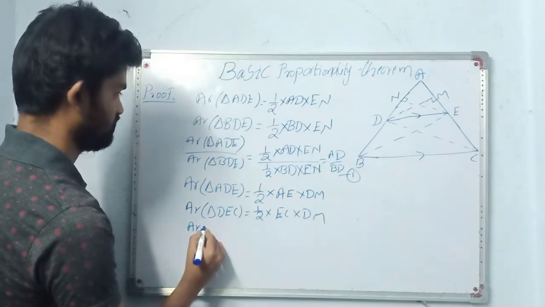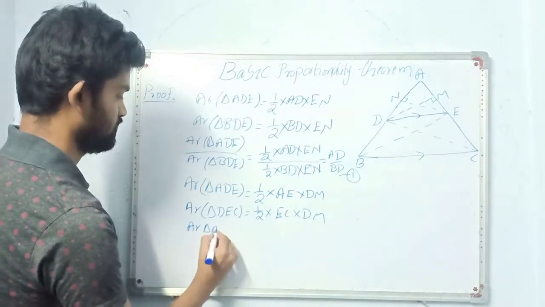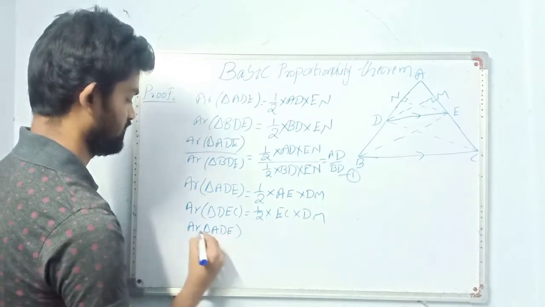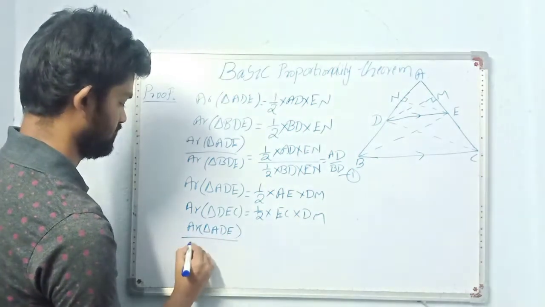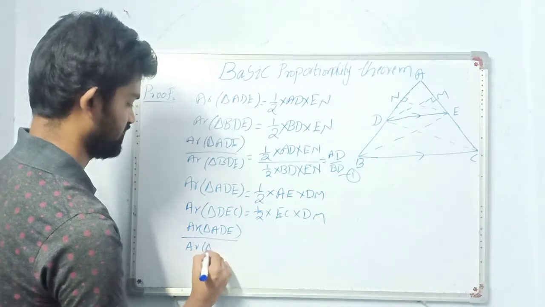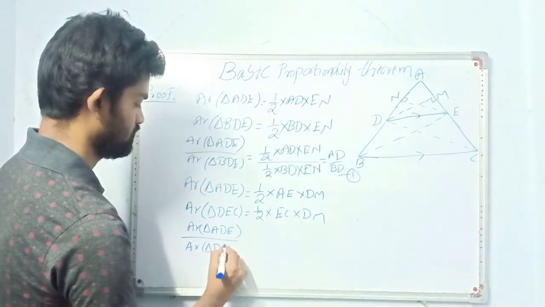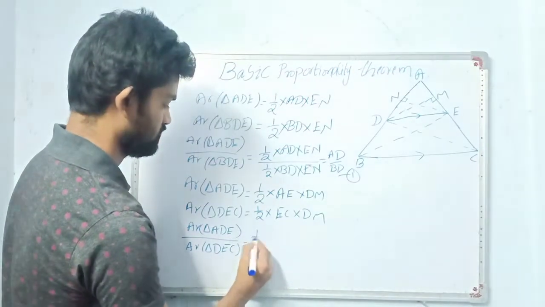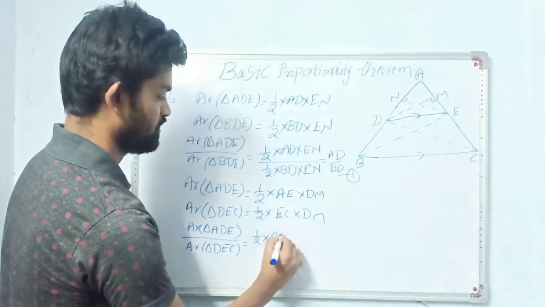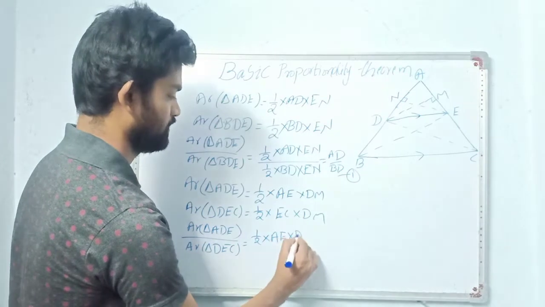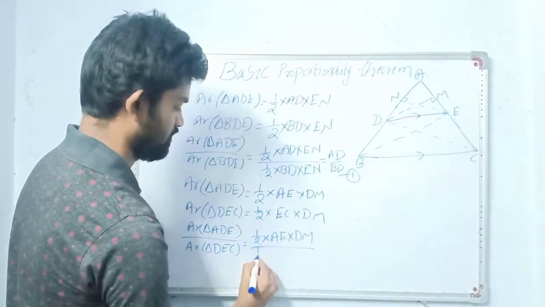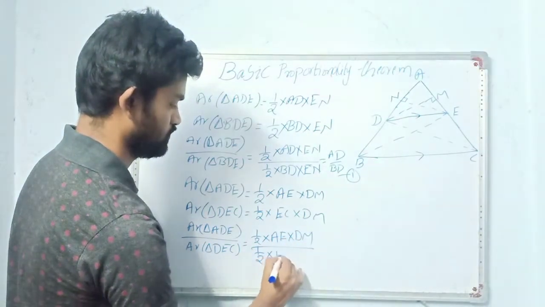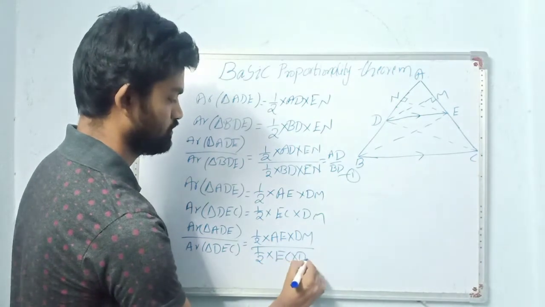So area of triangle ADE by area of triangle DEC. So what will we get? Half into AE into DM by half into EC into DM.